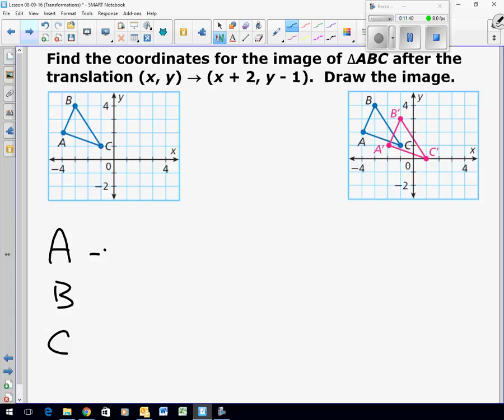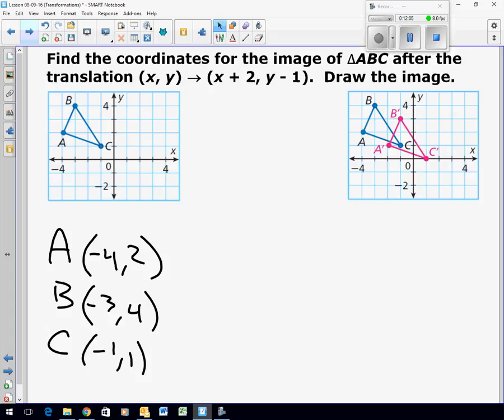Very good. What are the coordinate points of B? -3, 4. What are the coordinate points of C? -1, 1. Perfect.